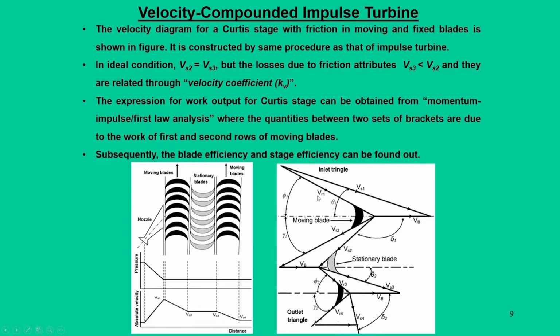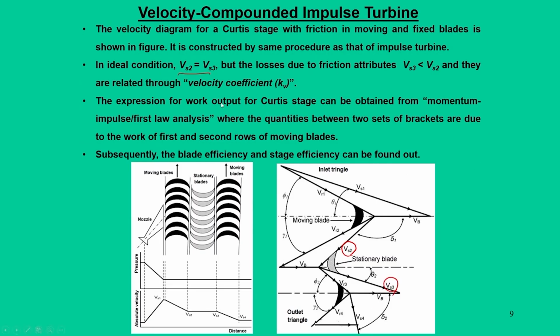One more important factor, as we have emphasized here, is that there are possibilities of a drop in the velocity of the fluid in this velocity diagram. For example, in ideal conditions Vs2 and Vs3 are equal. Vs2 is the velocity that leaves the first stage of moving blade, and Vs3 is the entry for the second stage moving blade.